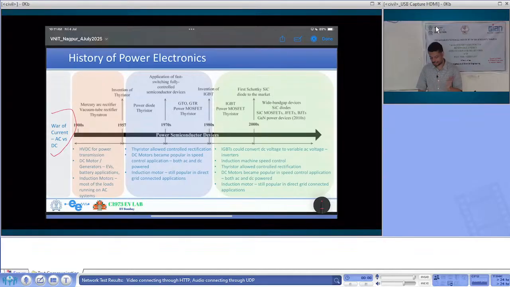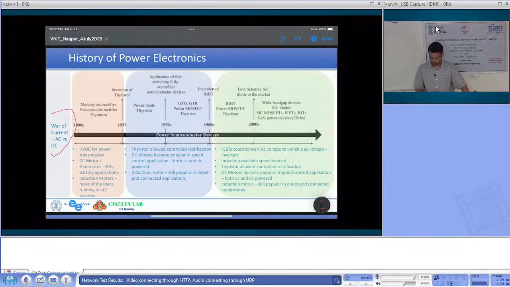After that, from the 1900s, you had the mercury arc valve, and because of that, people figured out that you can do AC to DC and DC to AC, and therefore people started building high voltage DC transmission using mercury arc valves. I think the first HVDC was probably in Canada. That started in the 1900s, and for the next 50 years it appears that not much was happening in power electronics.